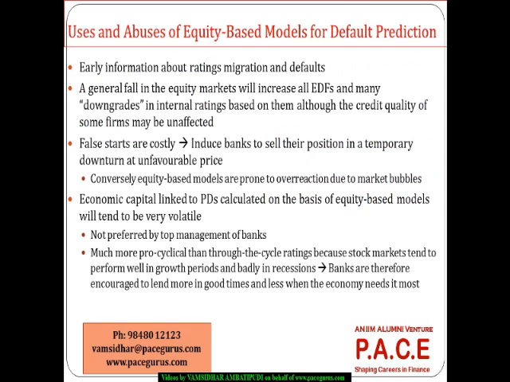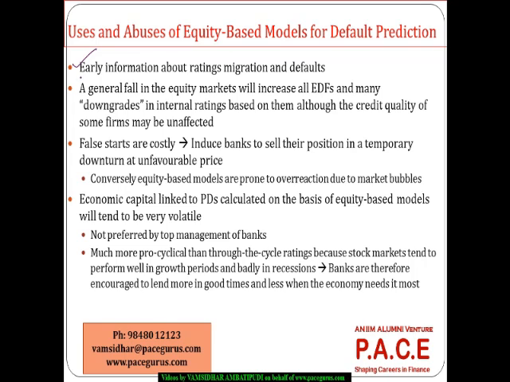Now that we have comfortably understood the equity based models for default prediction, we'll try to see their usage perspective. One advantage is that, because the number keeps changing on a day-to-day basis, they can give me early information about the rating migration and default. When is the company going into a very high probability of default?